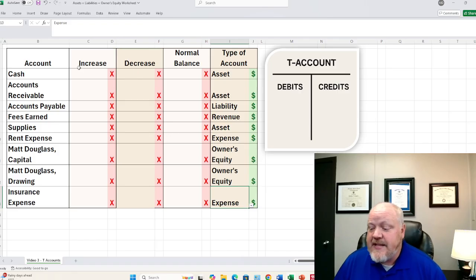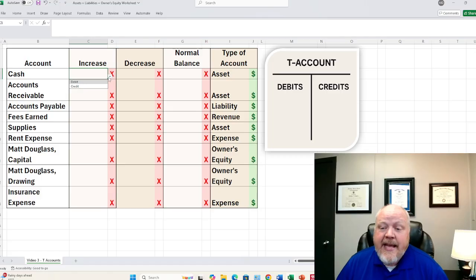So what is the increase side of each one of these? Cash increases with a debit, and then it would decrease with a credit. And its normal balance is always going to be the same as the increase side. So in this case, it is a debit. Accounts receivable, also an asset.